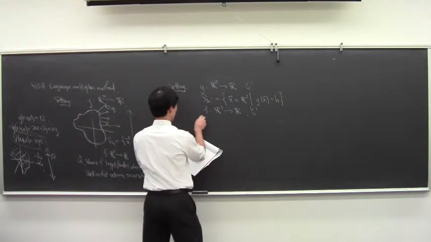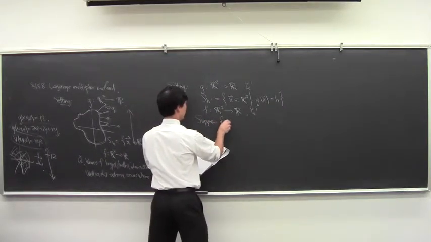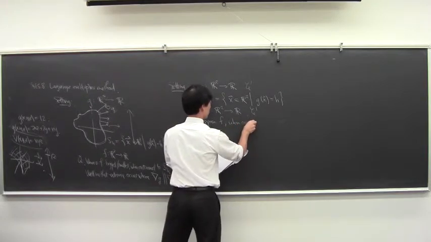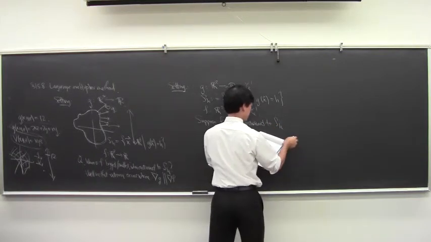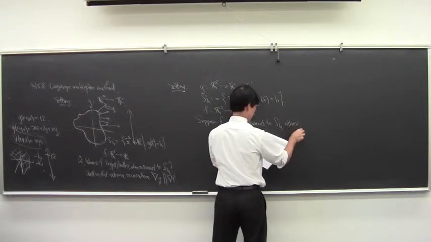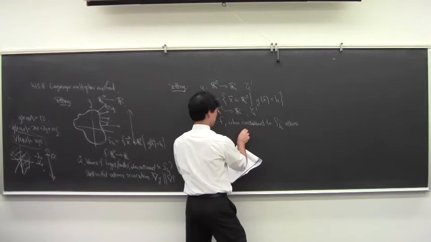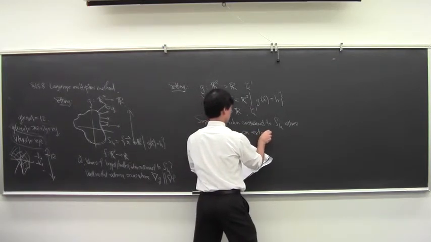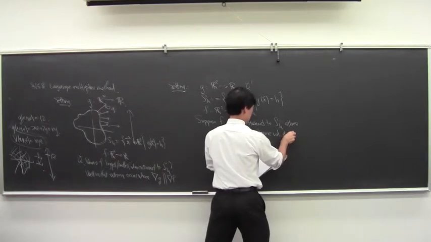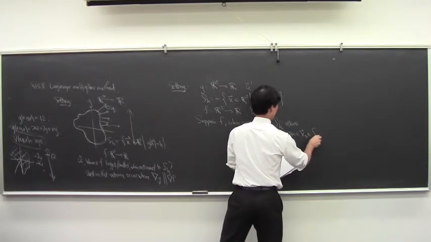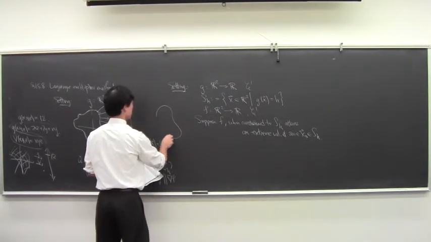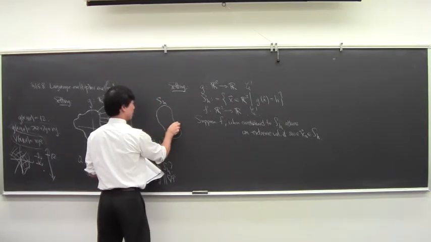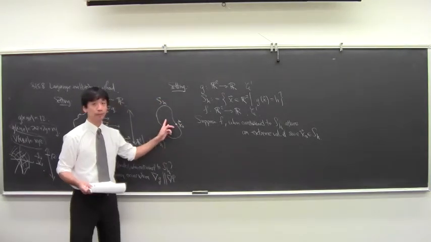And you suppose that f, when constrained to the level set of g, attains a max somewhere at some point on the level surface. So here's the level surface again, S of h, and at some point, f attains a max.